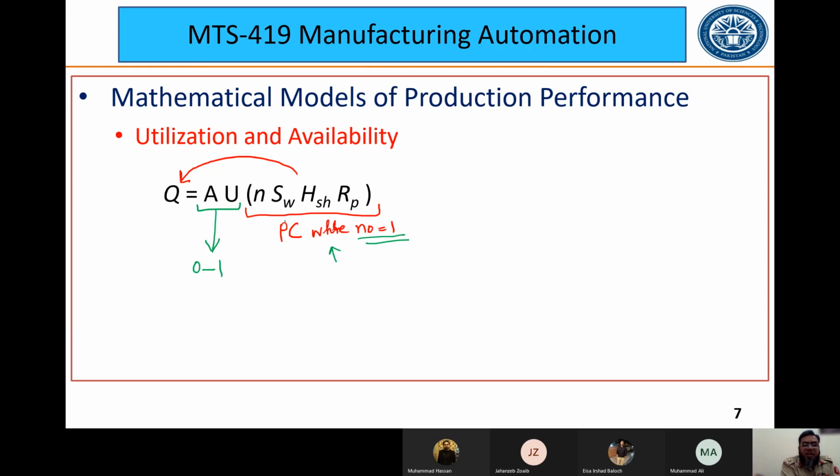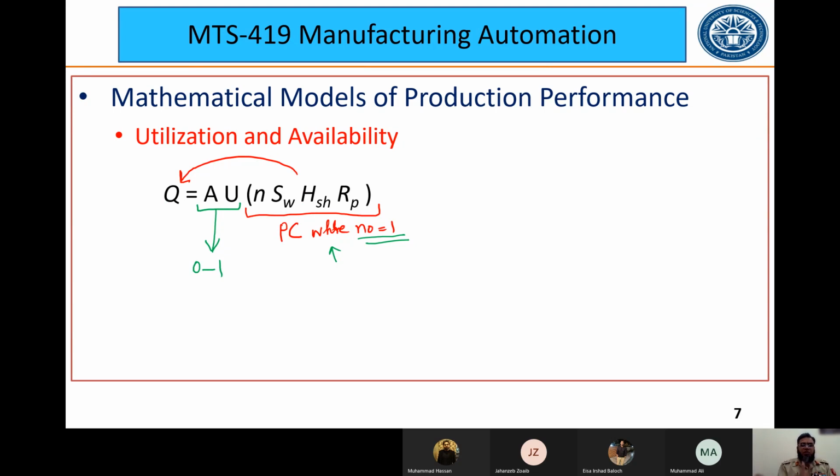But definitely that is an ideal condition. We know that there cannot be 100% availability of a machine and 100% utilization of a machine. So there will always be these two factors which will be less than 1. So it means that the quantity produced will always be less than the production capacity, and that is actually going to give us a reduced quantity production in relation to the capacity of the plant.